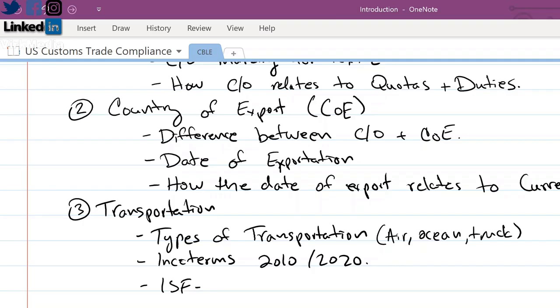What ISF is. We'll discuss both ISF 5 and ISF 10.